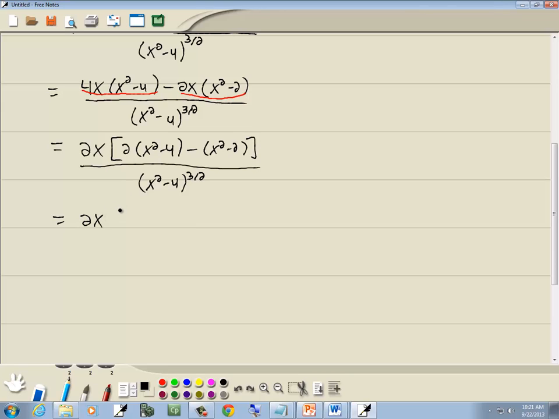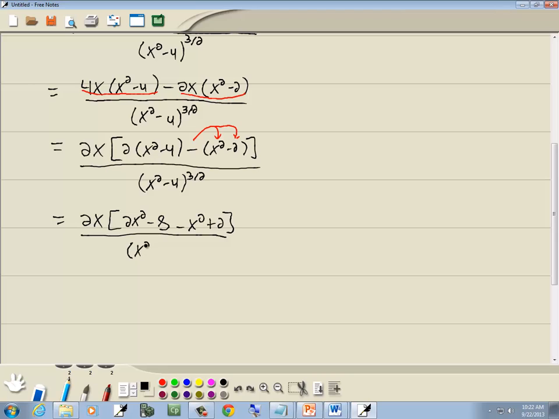Well, I'm going to get rid of parentheses, combine like terms, see where it heads. 2 times x squared is 2x squared. 2 times negative 4 is negative 8. The negative out in front of the parentheses flips the sign of everything inside. So the x squared becomes a negative x squared. The negative 2 becomes a positive 2.